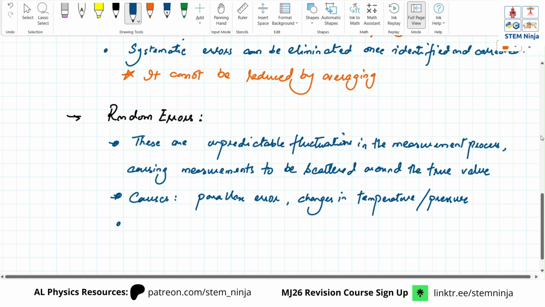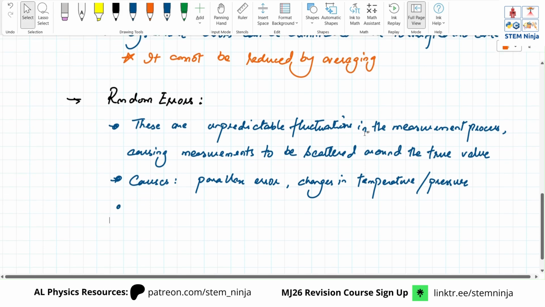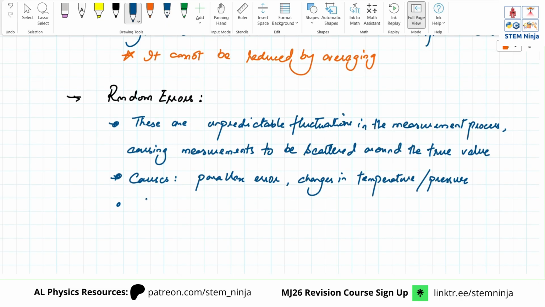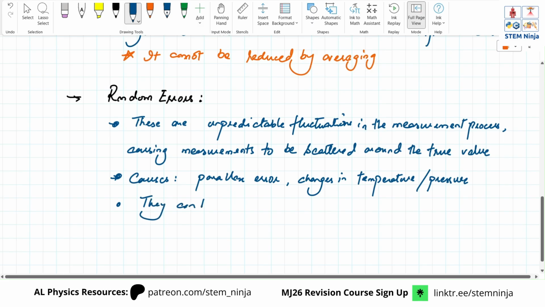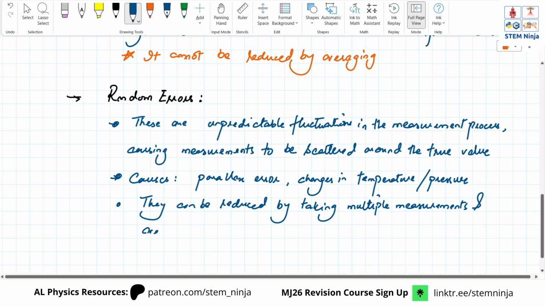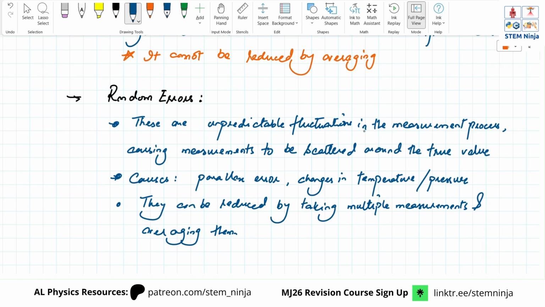Now, how do we reduce them? They can be reduced, but they cannot be eliminated, by taking multiple measurements and averaging them. Why?